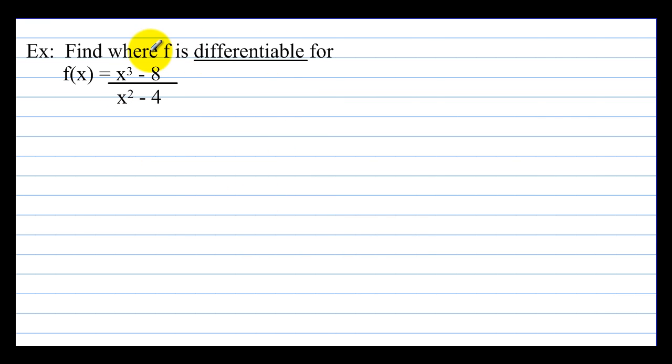Find where f is differentiable for f of x equals, well, this function. Functions won't have tangent lines and won't be differentiable where there is a discontinuity. So if we factor the top here, we get x minus 2, x squared plus 2x plus 4. And when we factor the denominator, we get x plus 2, x minus 2.